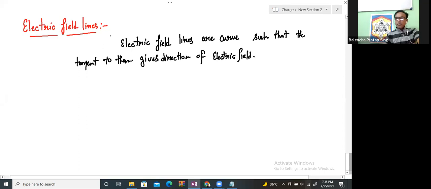Okay, so this is a small definition related to electric field lines.